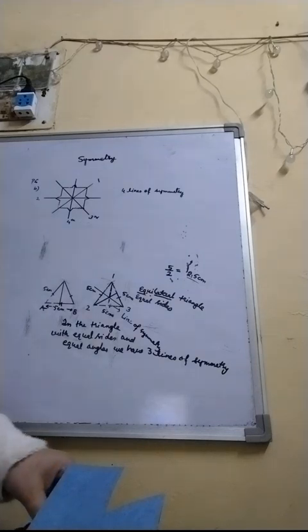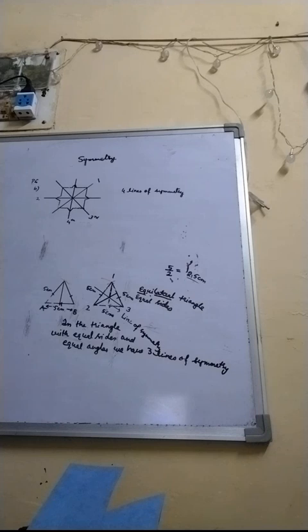So in this way you get the lines of symmetry. Now come to the third part. Third part is a hexagon with equal sides and equal angles.